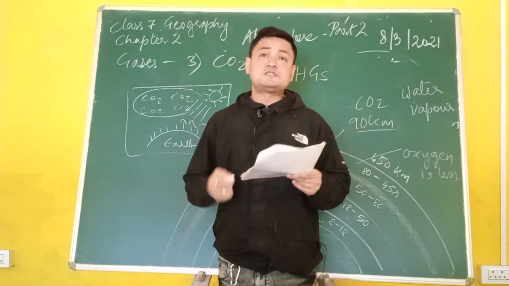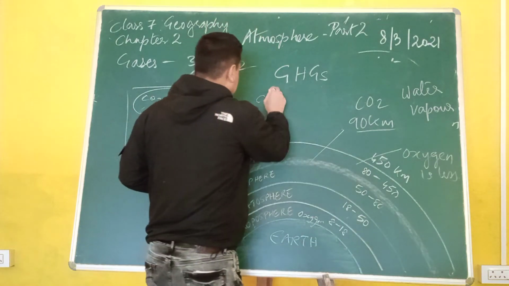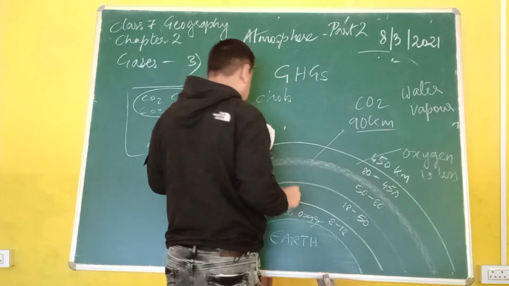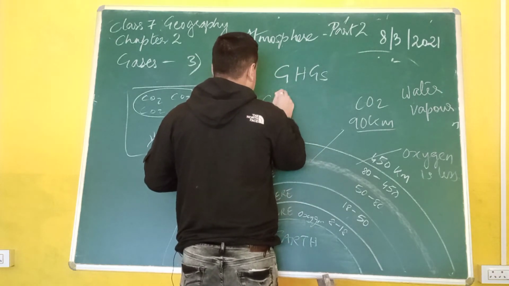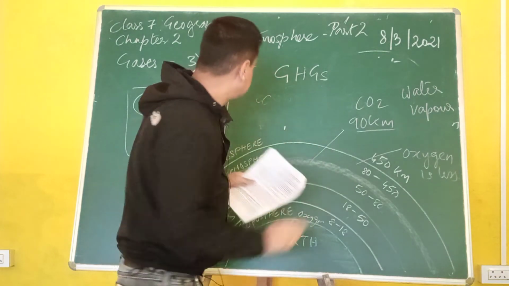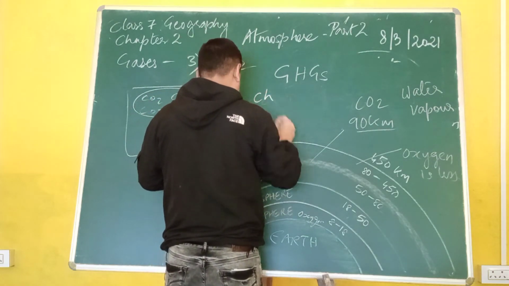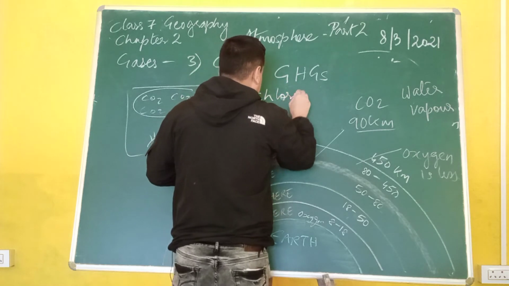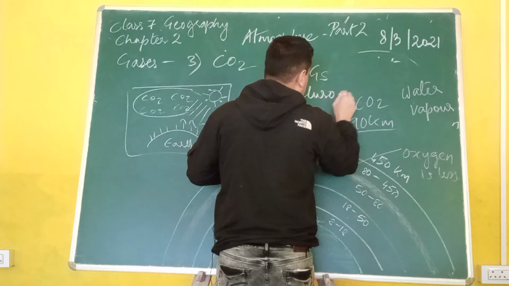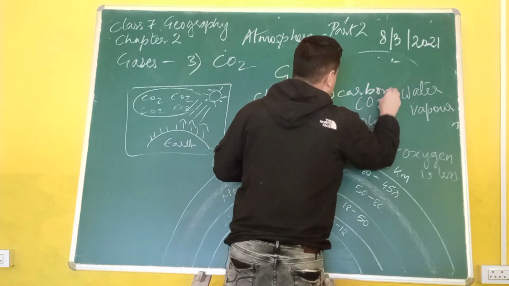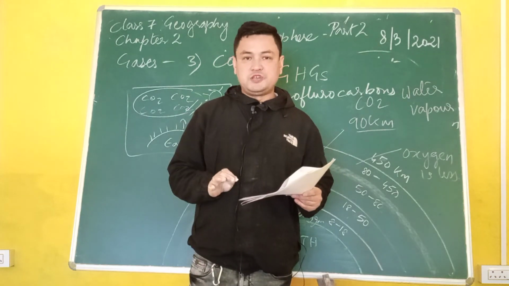And chlorofluorocarbon. Chloro, fluoro, carbons. Now these chlorofluorocarbons are basically emitted by old refrigerators.